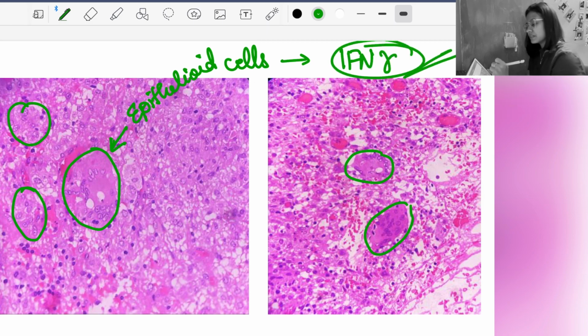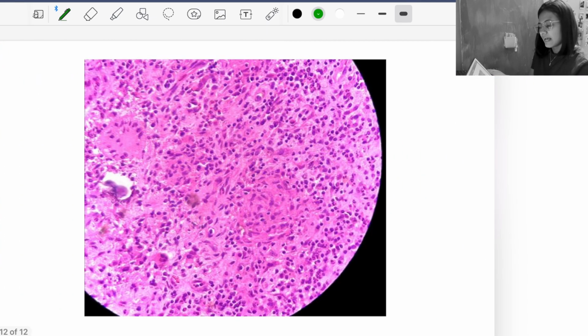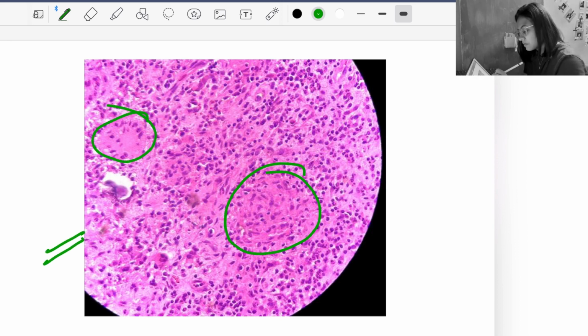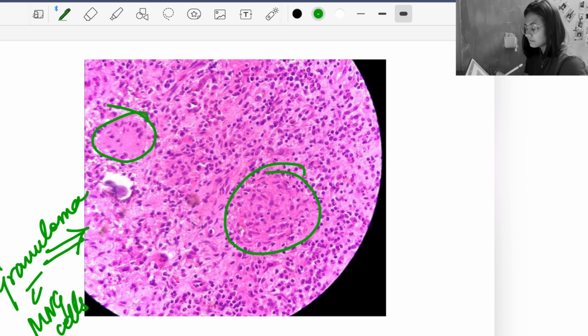I hope you remember interferon gamma from here. And so now coming to the last slide, I hope you can identify here. So if you can see the collection of epithelioid histiocytes, a giant cell here. So this was a granuloma. It was a granuloma with multinucleated giant cells.